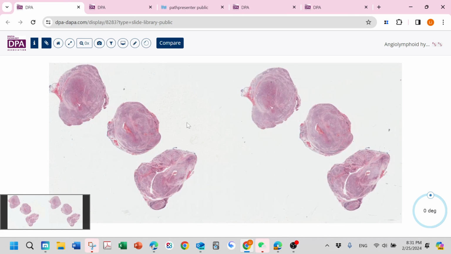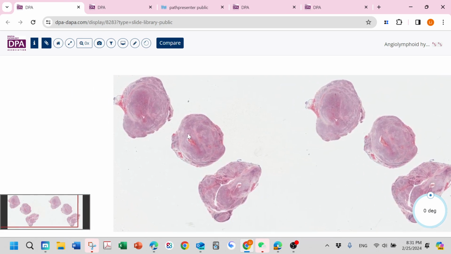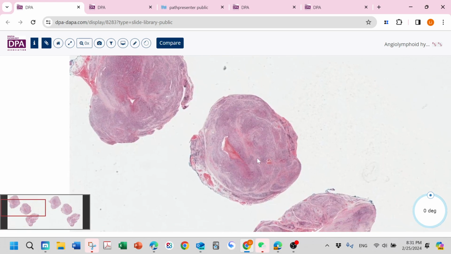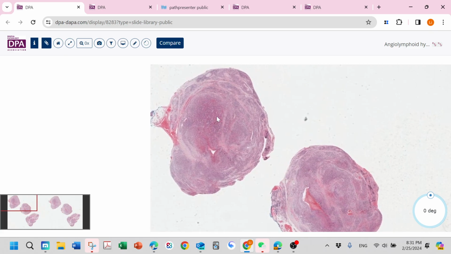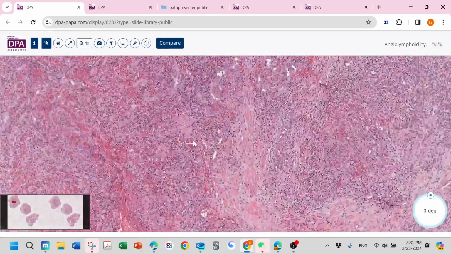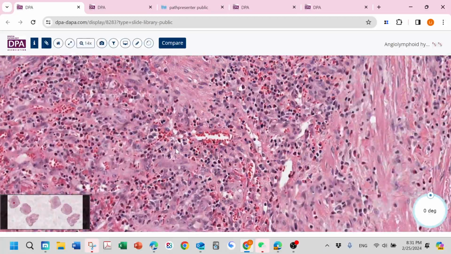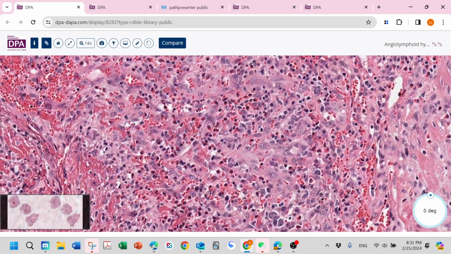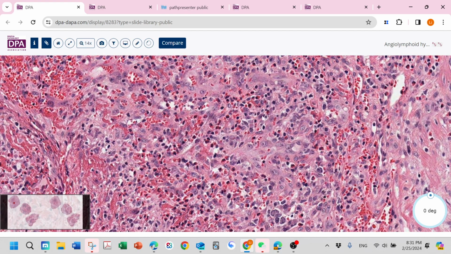This is another ALHE. In low power, you can see tons of inflammatory cells, at least lymphocytes, in this lesion, and then some blood vessels. When you zoom in, not only do the blood vessels cause redness, there are tons of eosinophils. See, in this area, so many eosinophils.